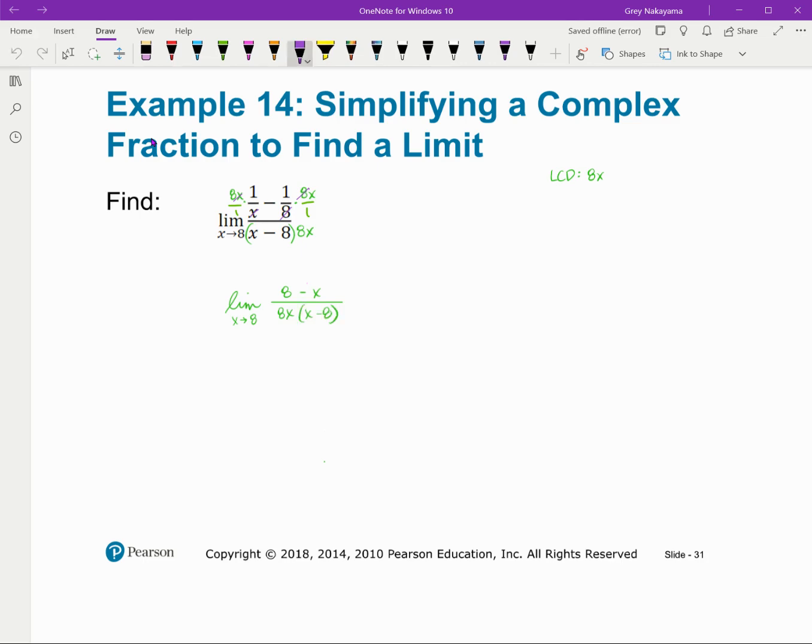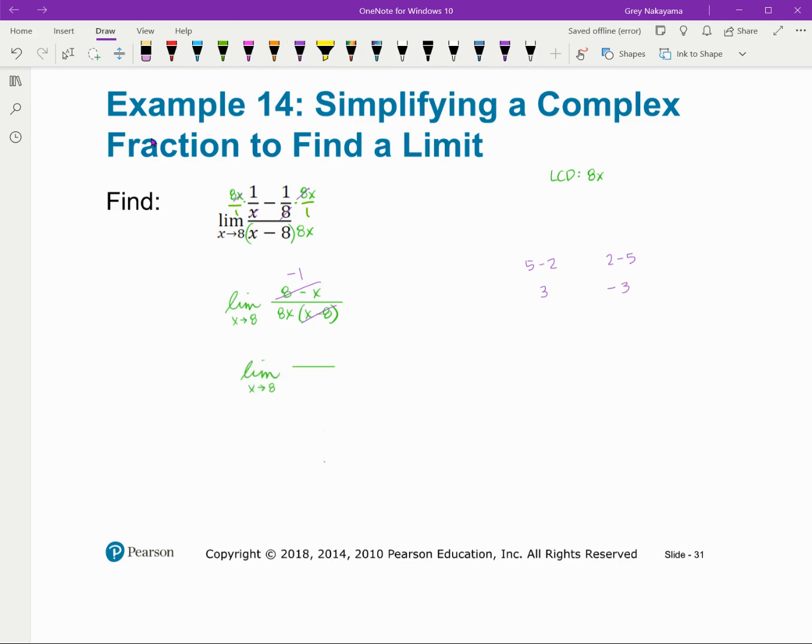Now, you do need to remember that 8 minus x is the opposite of x minus 8. We've talked about this. If you have 5 minus 2, that's equal to 3, and 2 minus 5 is equal to negative 3. So if I switch the order of my subtraction, I just have to know that I have a negative 1 somewhere.